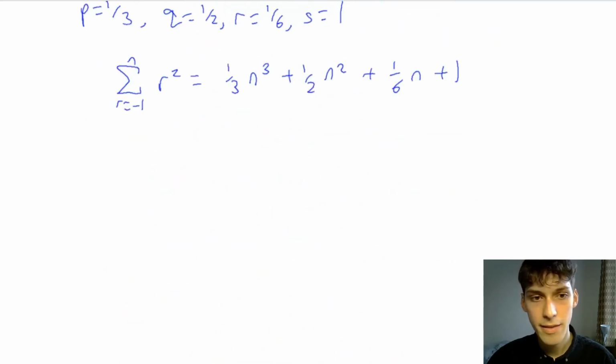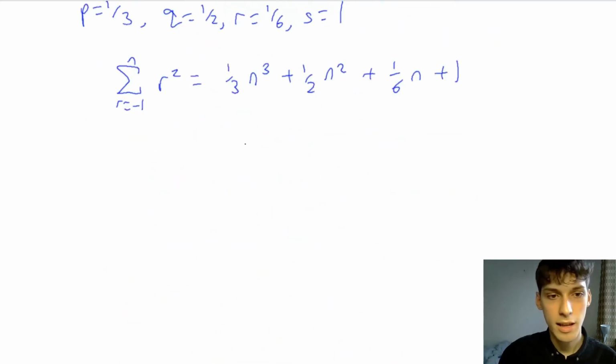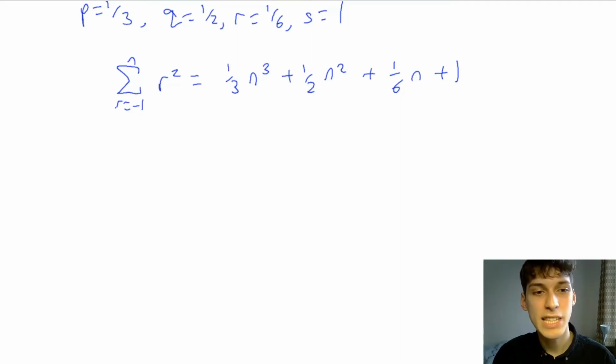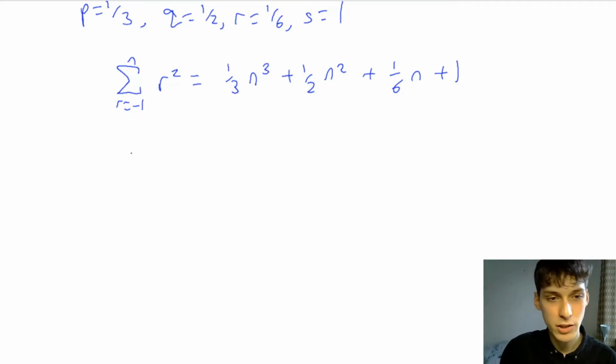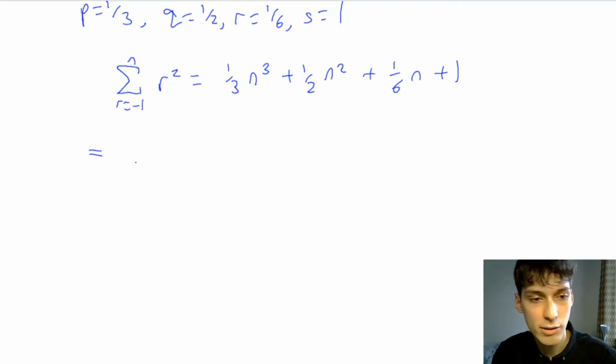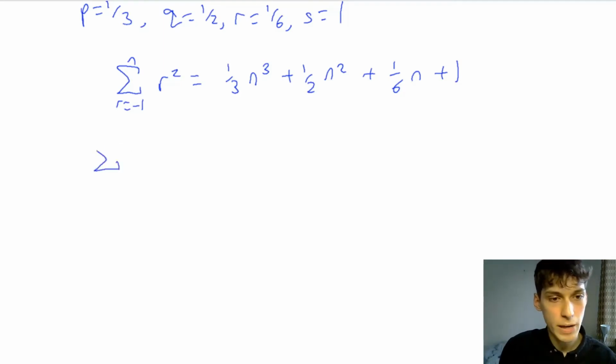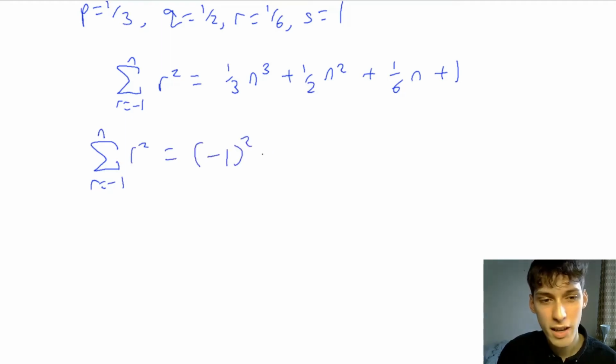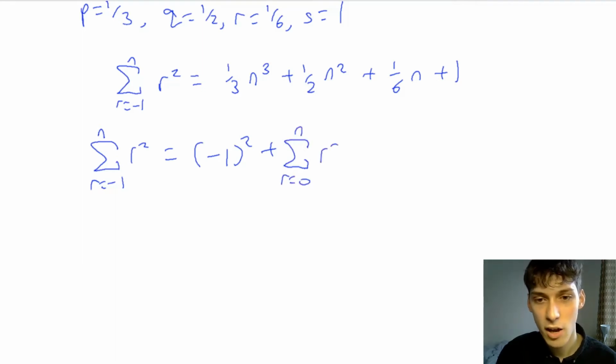Okay, now we need to change it from r is equal to minus 1 to r is equal to 0. And we can do that by saying that the left hand side is equal to, actually I think I might write it out separately just for clarity, that we have the sum from r is equal to minus 1 to n of r squared is equal to minus 1 squared plus the sum from r is equal to 0 to n of r squared.